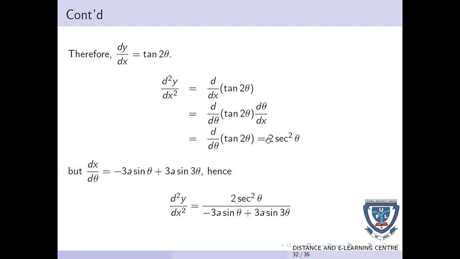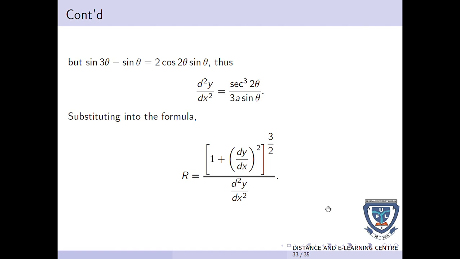Differentiating again will give us 2 sec squared 2 theta, but dx/d theta is equal to minus 3a sin theta plus 3a sin 3 theta. Hence, d squared y over dx squared is equal to 2 sec squared 2 theta all over minus 3a sin theta plus 3a sin 3 theta.